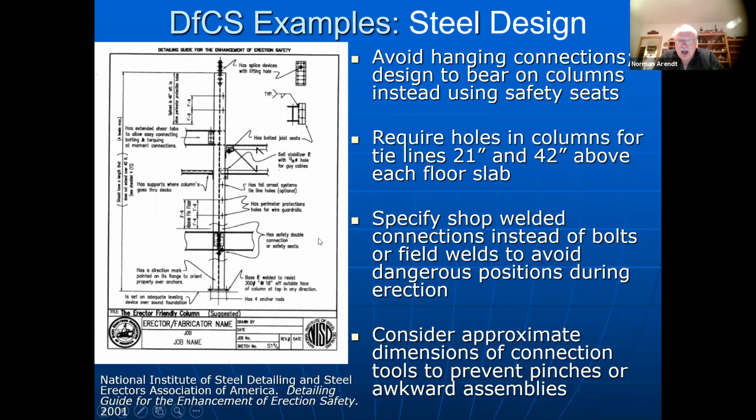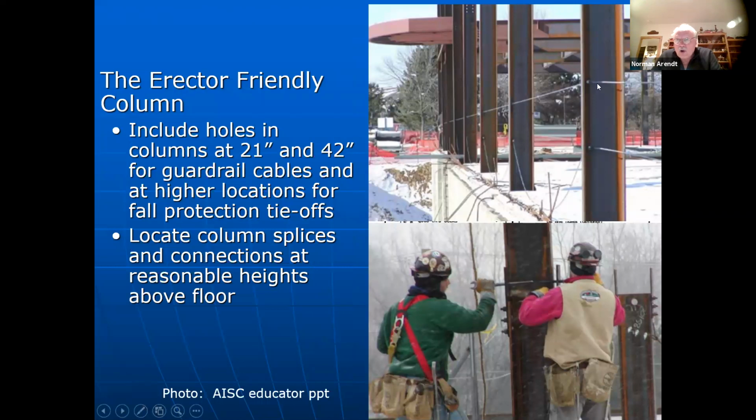You can specify shop welded connections instead of bolted connections. You can specify dimensions of connections. And here's showing the use of those holes. These were points that were determined in the design process where it was safe to place these cables so they could use it and put their lanyards on it.